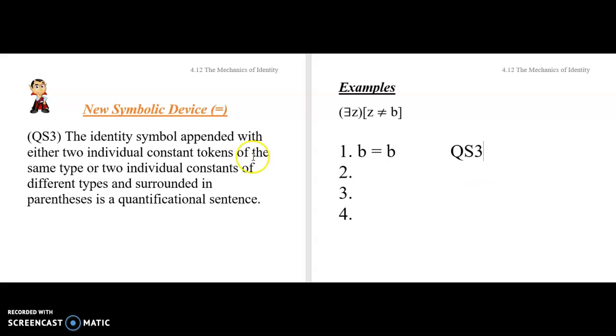Okay, this is our new rule. It introduces the identity symbol. We're going to go ahead and negate that, and that's going to give us this expression here, but with the B like this, and that of course is QS4 applied to line 1.